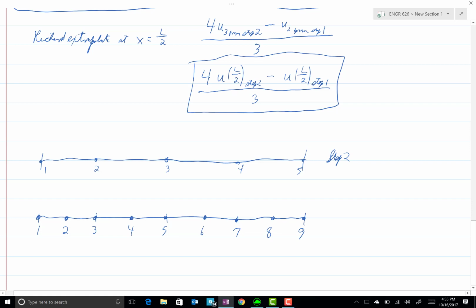And so now we could calculate a Richardson extrapolate here at x equals L over 4. We could calculate a Richardson extrapolate at x equals L over 2. And finally, we could calculate a Richardson extrapolate at x equals 3L over 4.